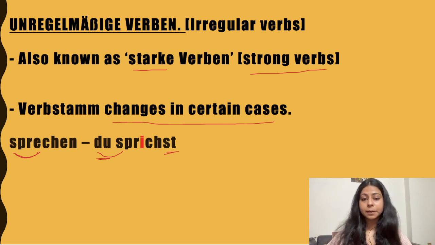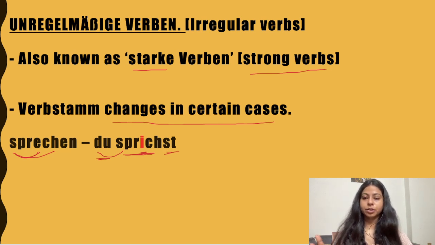If you see here, the verb stem is changing. It is spricht, it is not sprecht. It is spricht. The i, if you see, is in red. So the verb stem will change, but the ending remains.